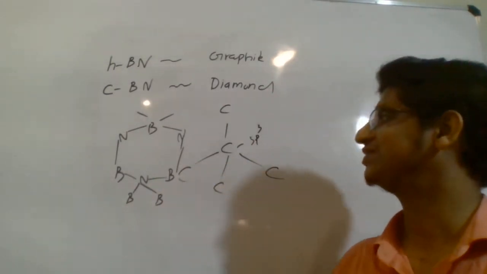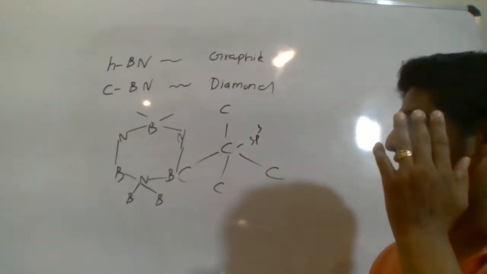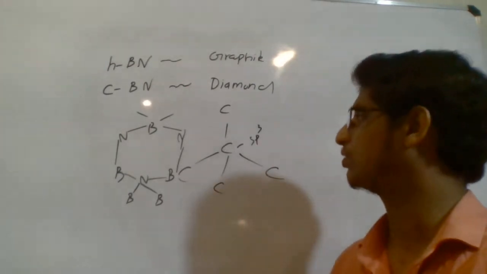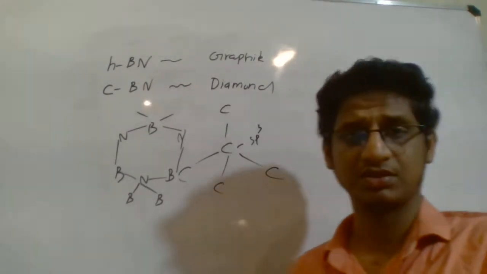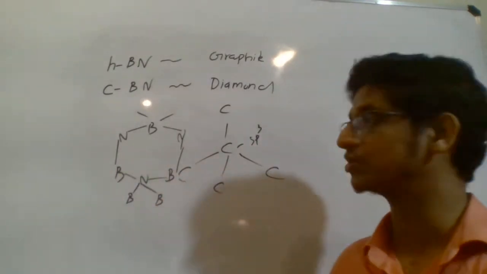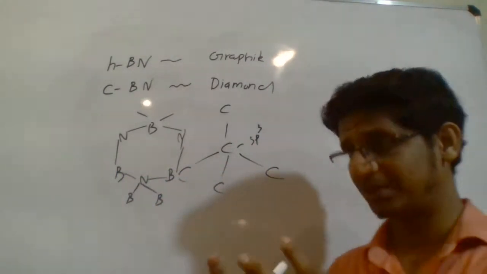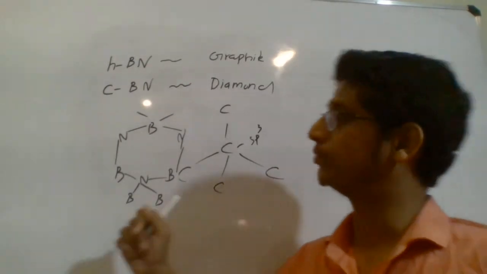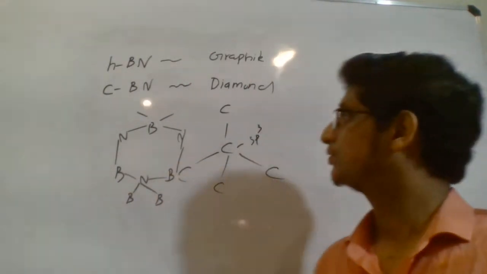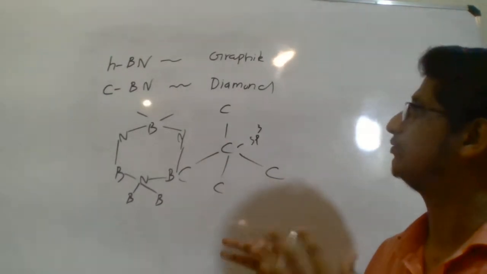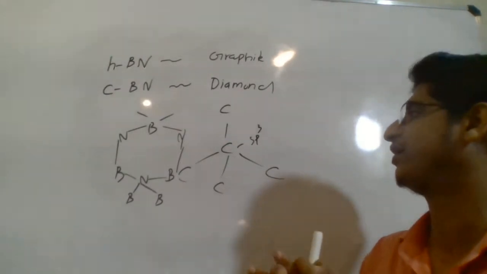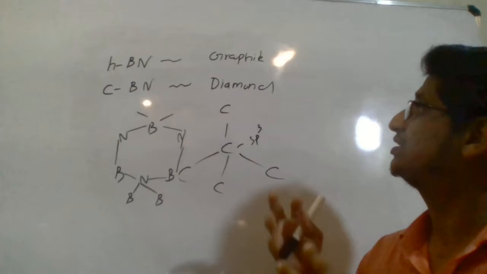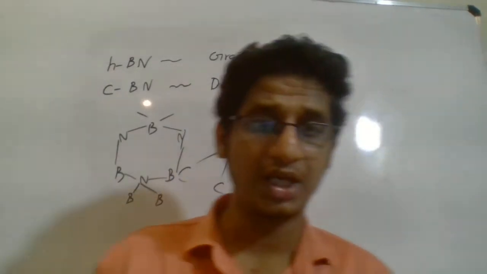Hardness is structural and also electronic. The structure looks similar and the electronic structure also looks similar. So much similarity is there between the structure of diamond and cubic boron nitride. That's the way you can remember one of the polymorphs of boron nitride, cubic boron nitride. Similarly, now you can imagine graphite.